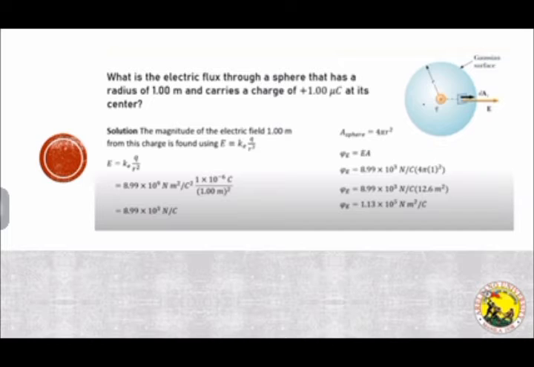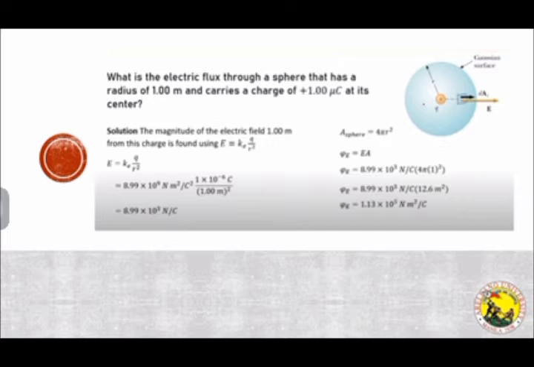For the solution, the magnitude of the electric field 1 meter from this charge is found using the equation E equals k sub E times Q over r squared. Let's substitute the given values into the formula.